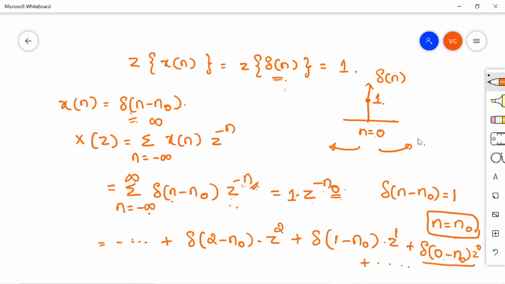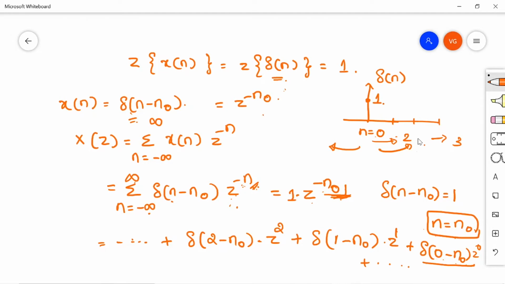And this n0 will depend upon where the signal is defined, whether it is shifted by 2 units, 3 units, 4 units. So this n0 is the shift in your impulse signal. The Z transform of this signal is defined as z^(-n0).